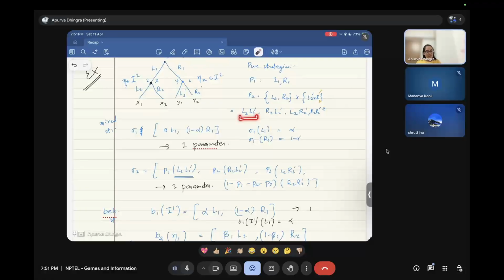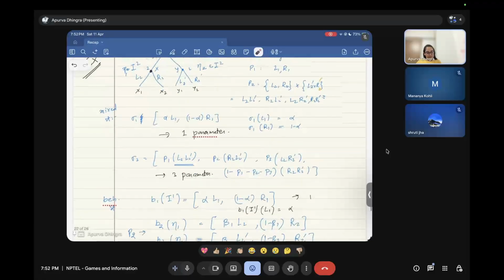So for this he'll assign a probability, for this he'll assign a probability, and so on. So he'll assign a probability to this combination: what to do here and what to do here, what to do here and what to do here. That combination is what he's assigning probability to, and hence he ultimately has three free parameters. The fourth one is dependent, so we don't have to worry about it.